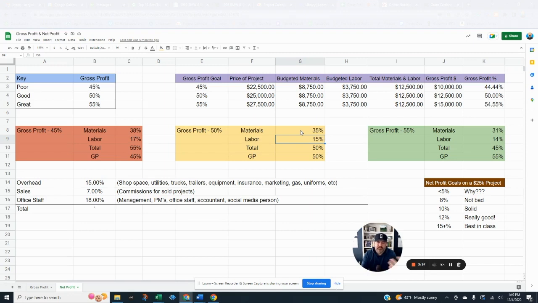Now, it works a whole lot better, and some of these numbers make a little more sense, once you go to saying, hey, I'm not going to be their laborer any longer. I've got two or three guys and they do 95% of the installs now.